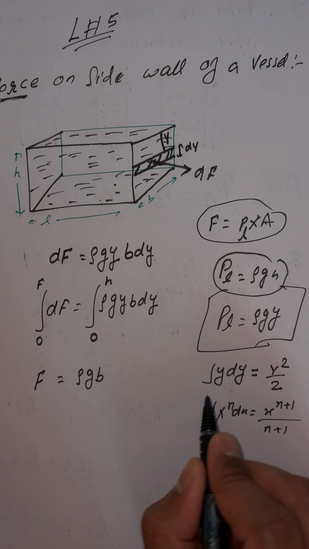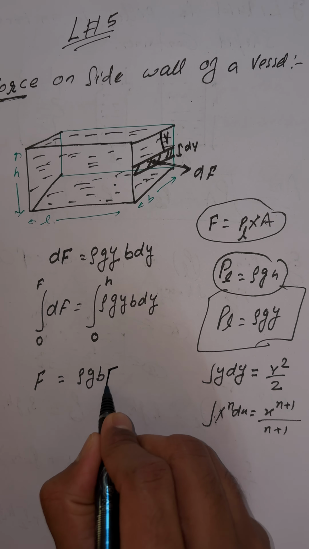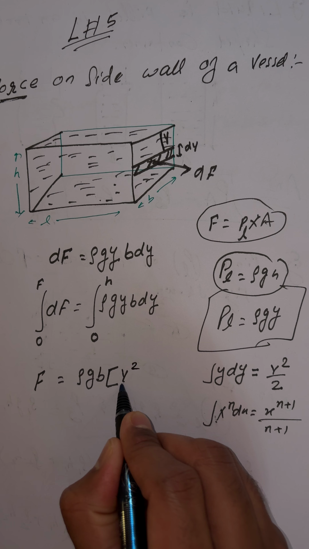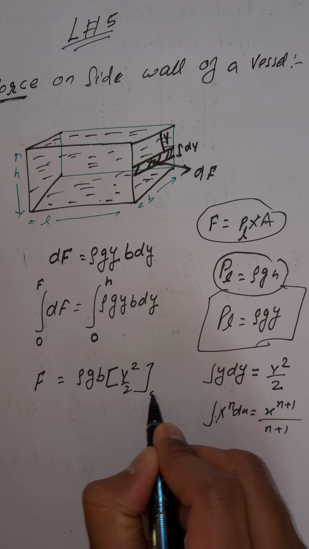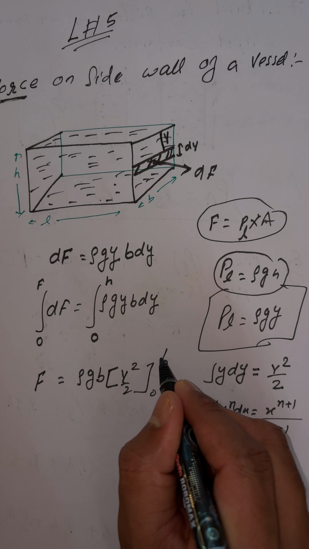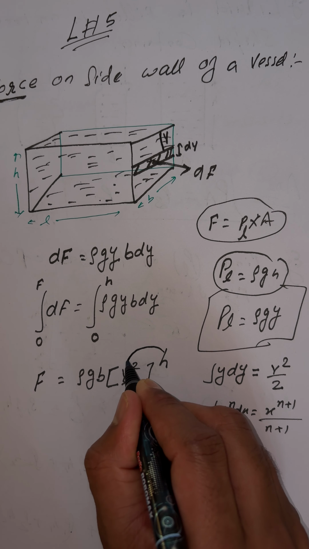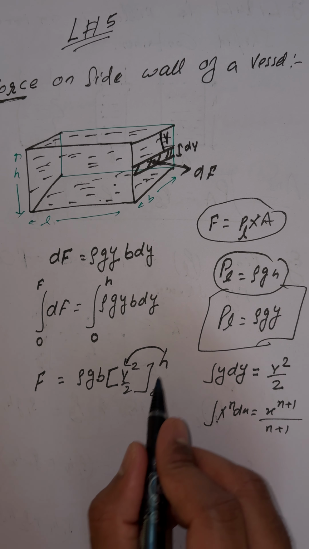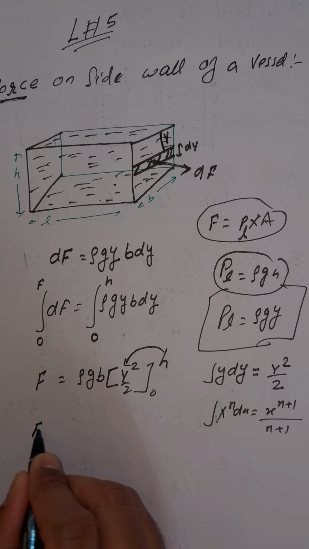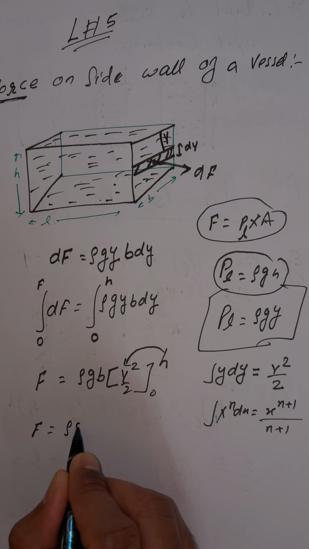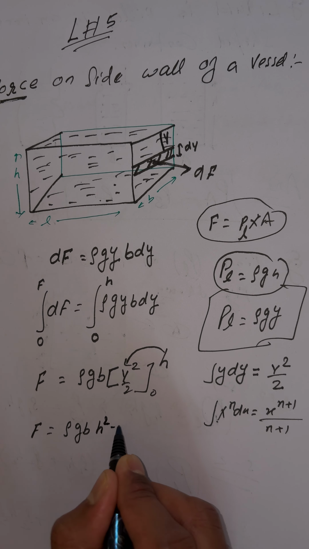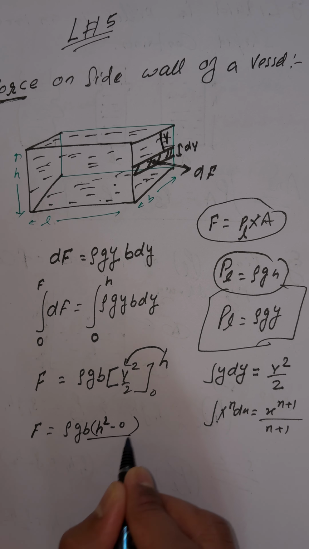It's indefinite, but here it is definite, so the limit is 0 to h. As usual, we replace the variable with the limits: first the upper limit minus the lower limit. So F is equal to rho g b times h square minus 0 by 2.